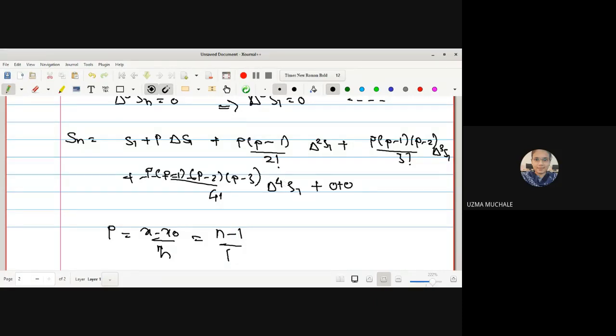The difference between each consecutive term is 1. The terms are 1 cube, 2 cube, 3 cube, so the difference between the values of x is 1, and the first value x naught is 1. So if you have found P, you can find P minus 1, that is n minus 1 minus 1, that is n minus 2.